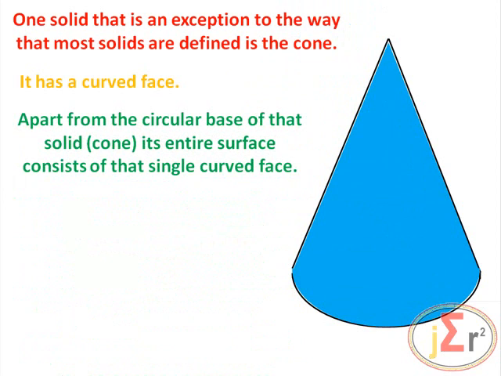Apart from the circular base of the solid, its entire surface consists of a single curved face. The cone has two faces, the base on which it sits and a curved face.